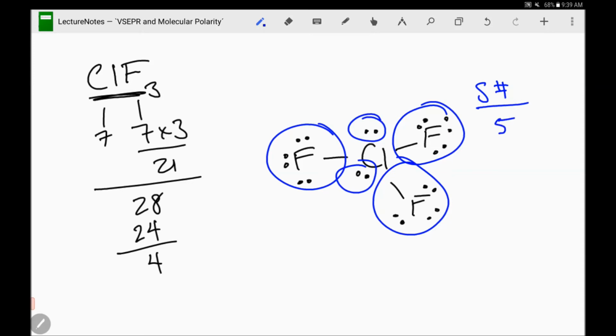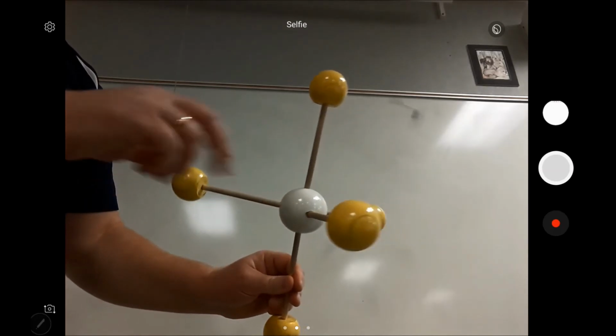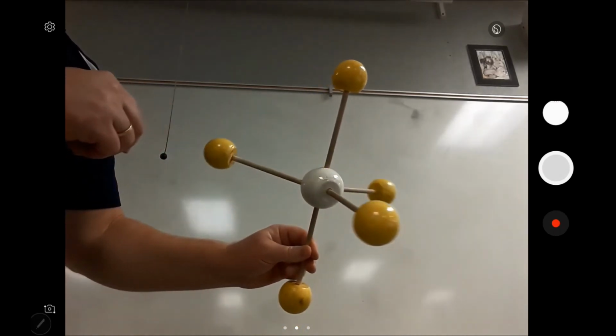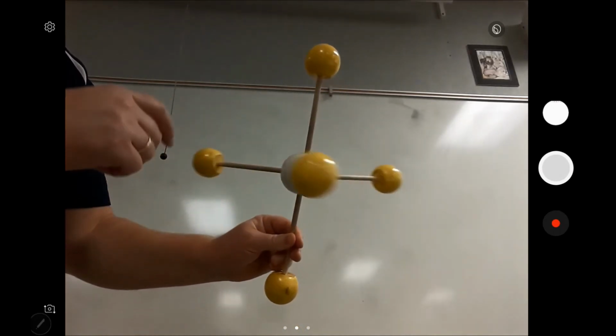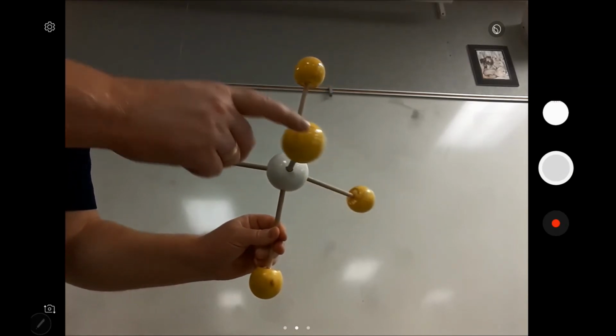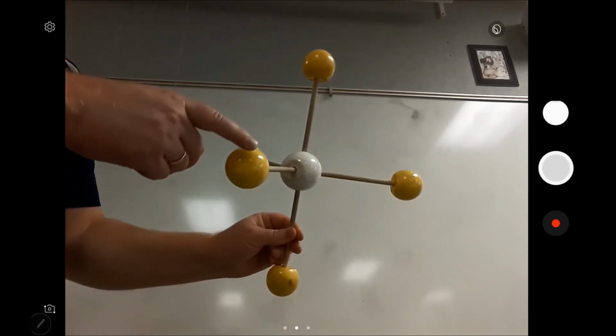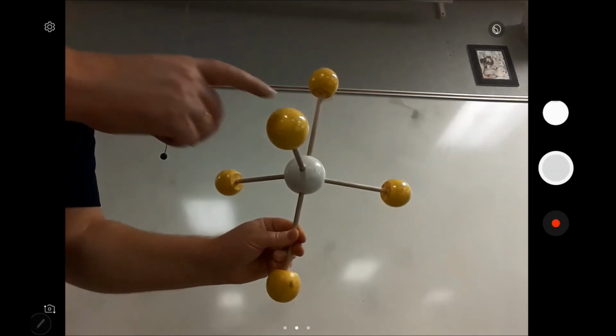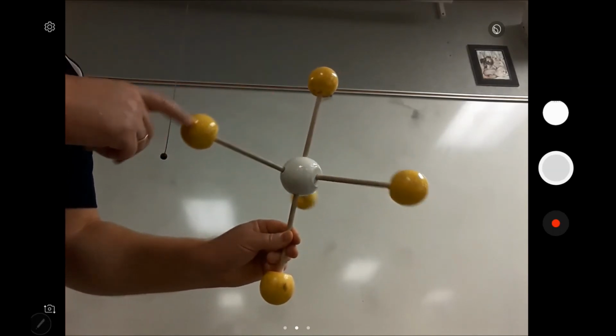But 2 lone pairs are going to change the base shape into something different. So normally it would start out as trigonal bipyramidal, but now there are 2 lone pairs of electrons. Now, where do those lone pairs of electrons orient themselves? They orient themselves on the equatorial positions.